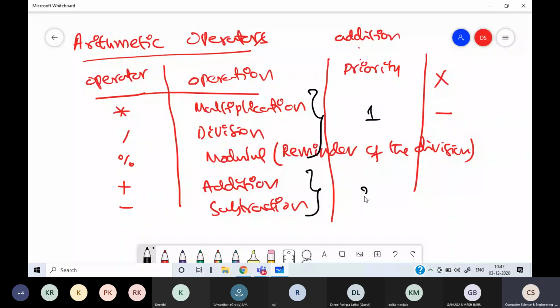Then addition and subtraction have the next priority. Suppose there is A plus B into C: because multiplication has higher priority, B into C is performed first. So the priority of multiplication, division and modulus is 1, and the priority of addition and subtraction is 2.